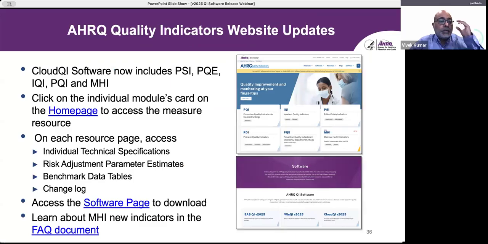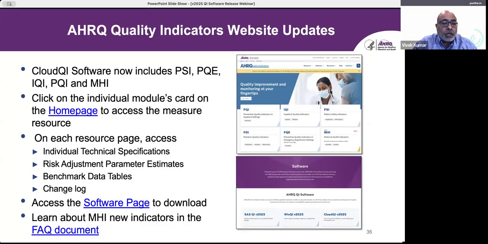All right. So on the website, you will see that the new modules are showing up. So MHI was introduced in the last version. It's on the website. But when you go to MHI, you will see additional indicators that are now added within this module.